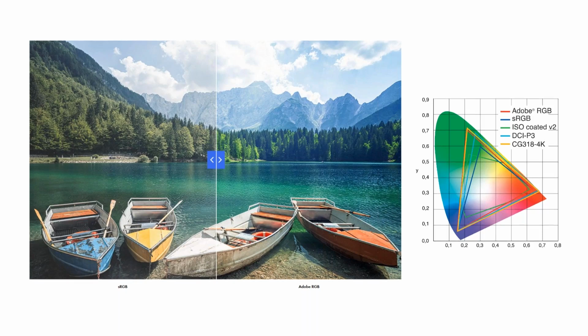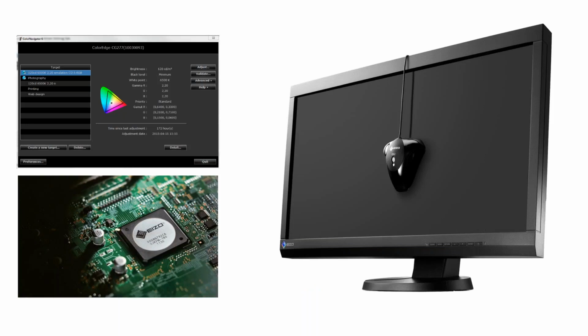So the next thing is that hardware, graphics monitors, color management monitors should always be hardware calibrated. And there are many, even professional users, who don't know the difference between hardware and software calibration.